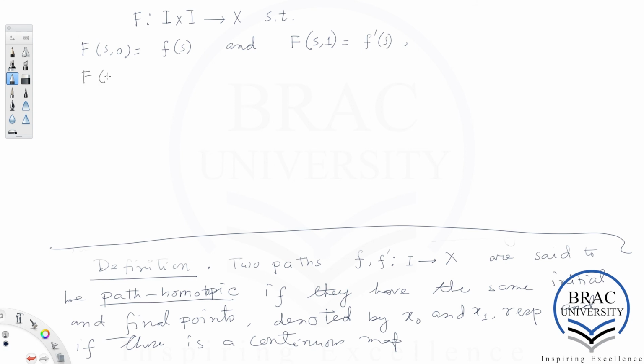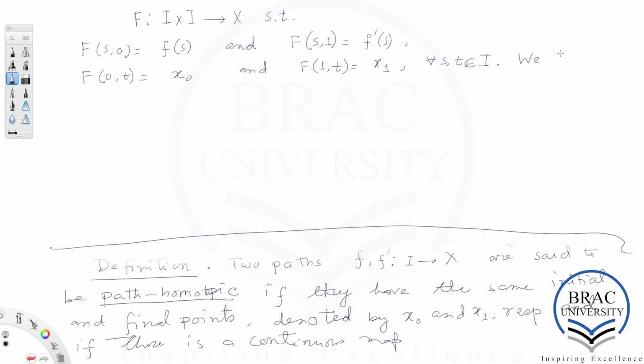Big F at 0, t is the initial point x0, and big F at 1, t is the final point x1. And these four conditions are satisfied for all s and t in the closed interval 0, 1.